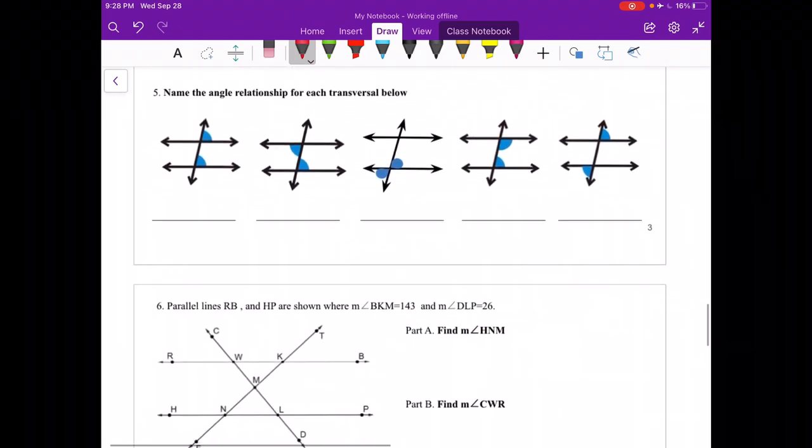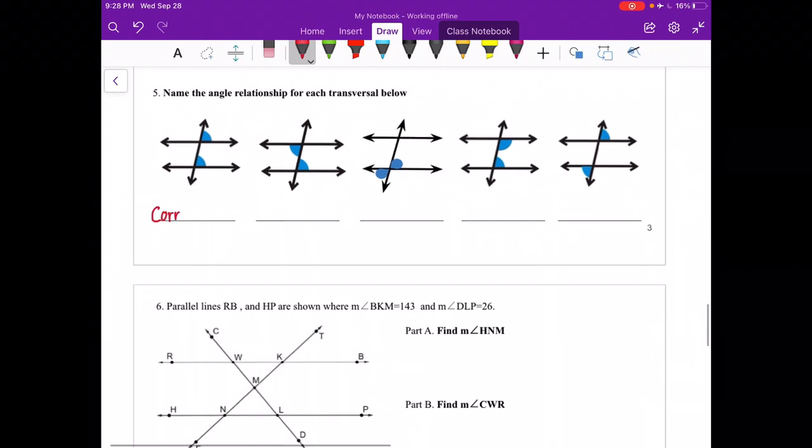Question number 5 is quite simple. All we're doing here is identifying the type of angle relationship each of these angles has using our transversal vocab. Looking at the first pair of angles, you'll notice that these two angles look exactly the same and they have the same orientation.